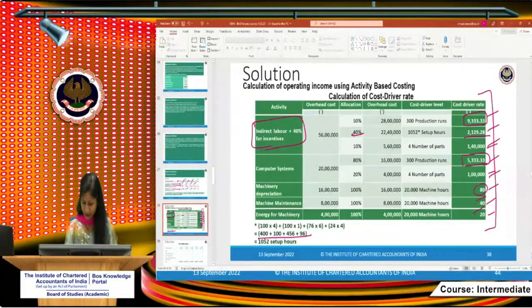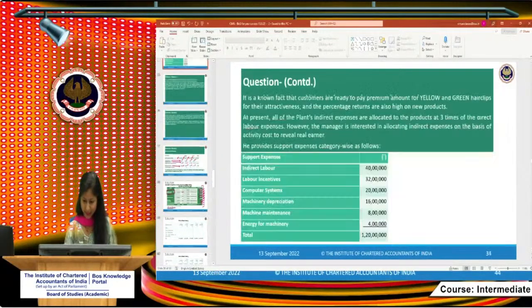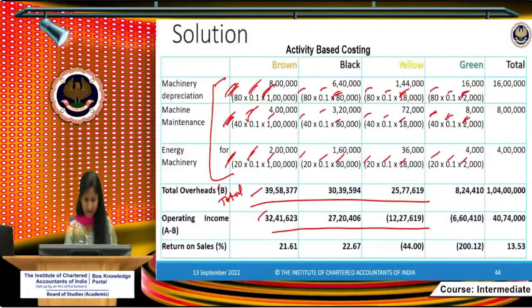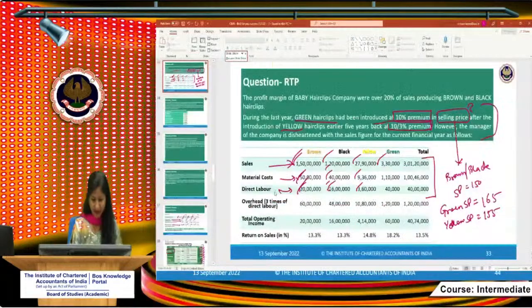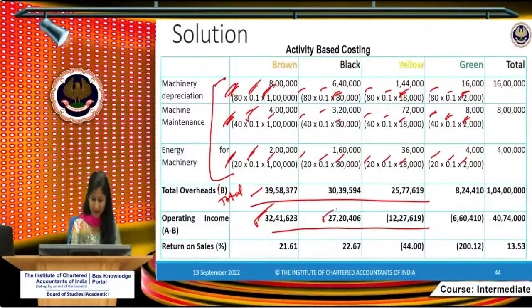Okay, I was on the comparison of traditional costing and ABC costing. You can see from over here, this was the traditional costing, and after ABC, we have calculated the return and the sales. As you can see, Brown is having income of 32 lakh, and here Brown, as per the traditional, is having income of 20 lakh. Black is having 16 lakh, and here Black is having 27 lakh.